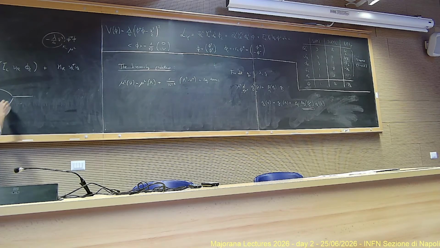Just to understand that to conserve the, the Majorana mass term inverts the fermionic line, so you have to put it twice to have this loop. So you can compute it, you can do it putting the full propagator.